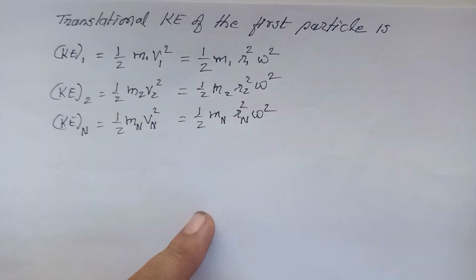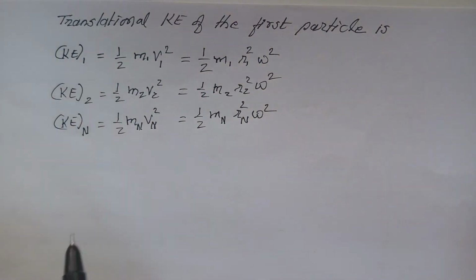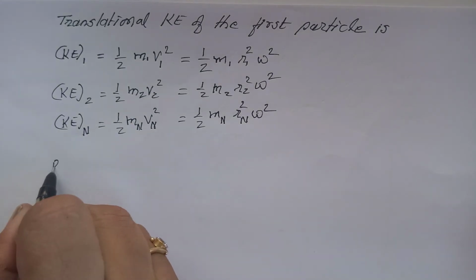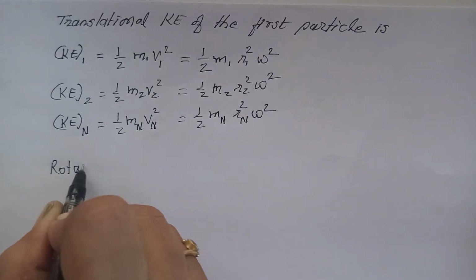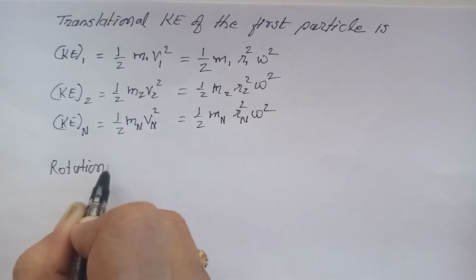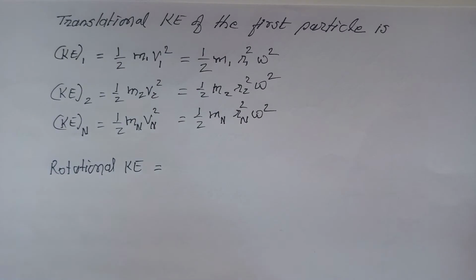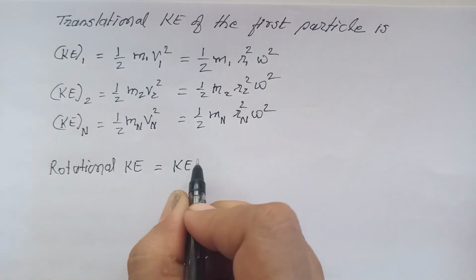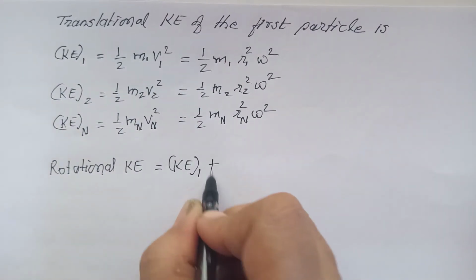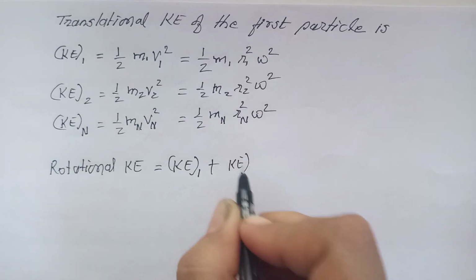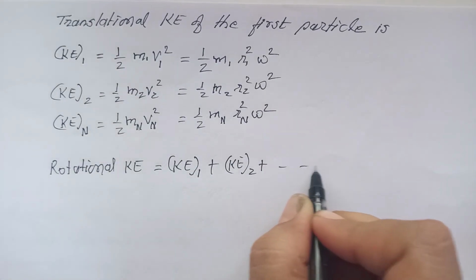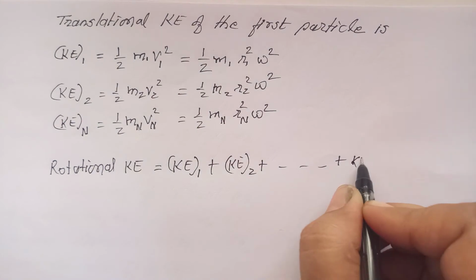When we want to find the total kinetic energy, that is the rotational kinetic energy, it is equal to the sum of the kinetic energies of all particles: the kinetic energy of the first particle plus that of the second particle, up to the nth particle. We can add all of that.